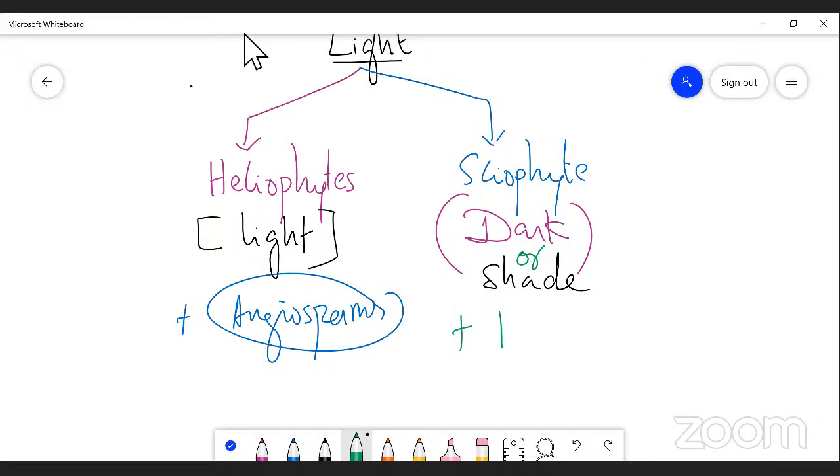Whereas for sciophytes, some members I would like to mention, please understand. The one is bryophytes. In 11th standard you have studied about bryophytes, right? What is a bryophyte and what are its general characteristics? And one more member is the pteridophyte.